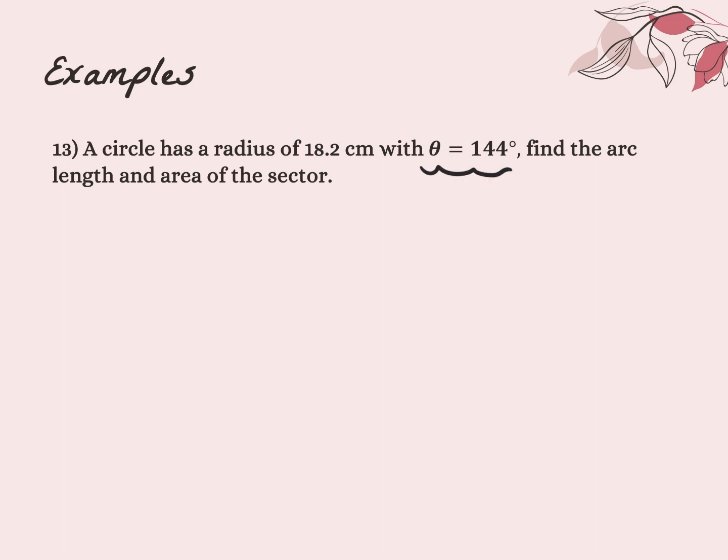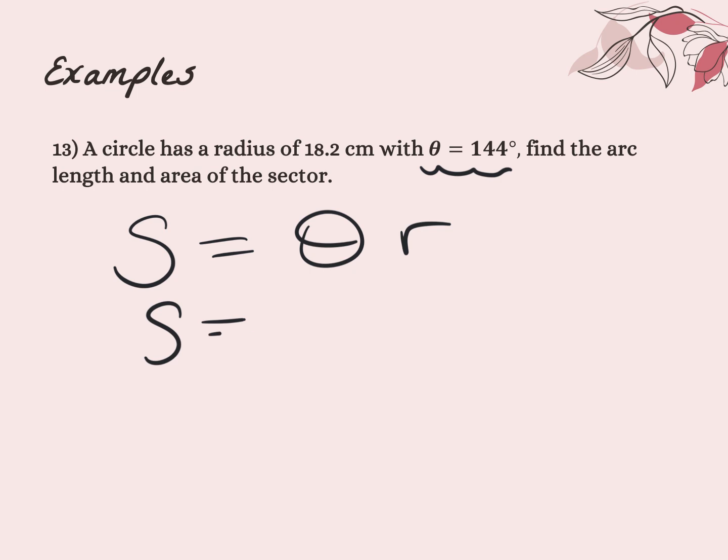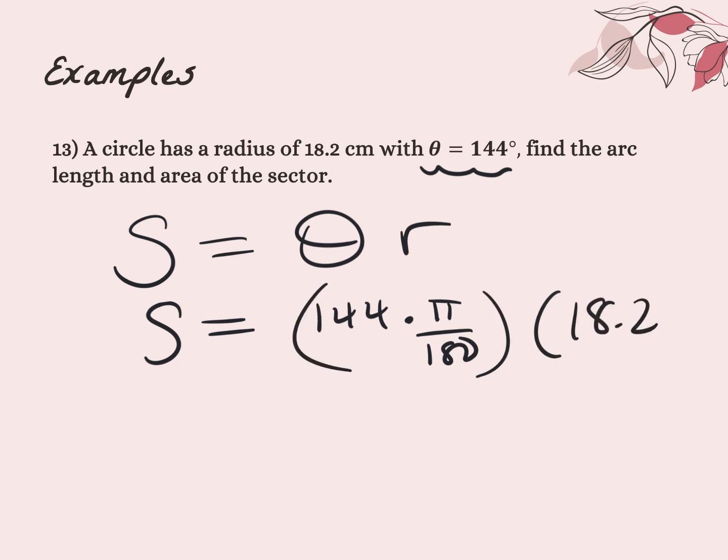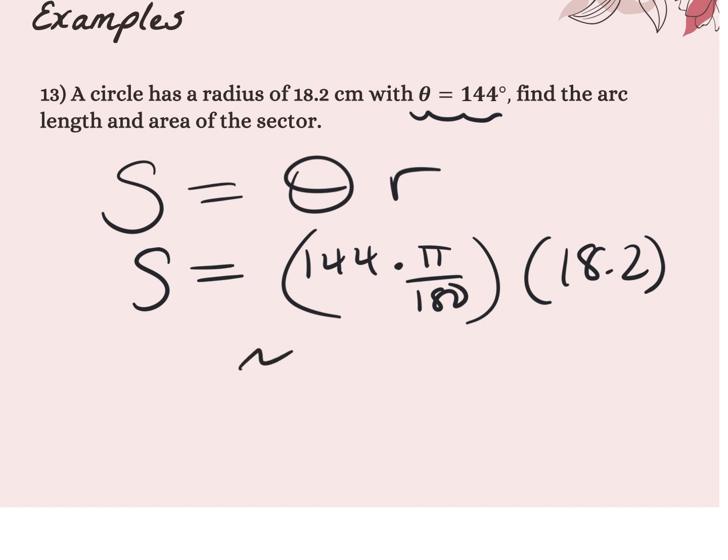All right, last example. Notice theta is in degrees. You can either choose to convert it first, or you can just convert it within the formula. So the arc length formula, again, remember, is theta times the radius. So we could just do 144 times pi over 180, and then times the radius, and then you get approximately 45.7 centimeters. That's your arc length.